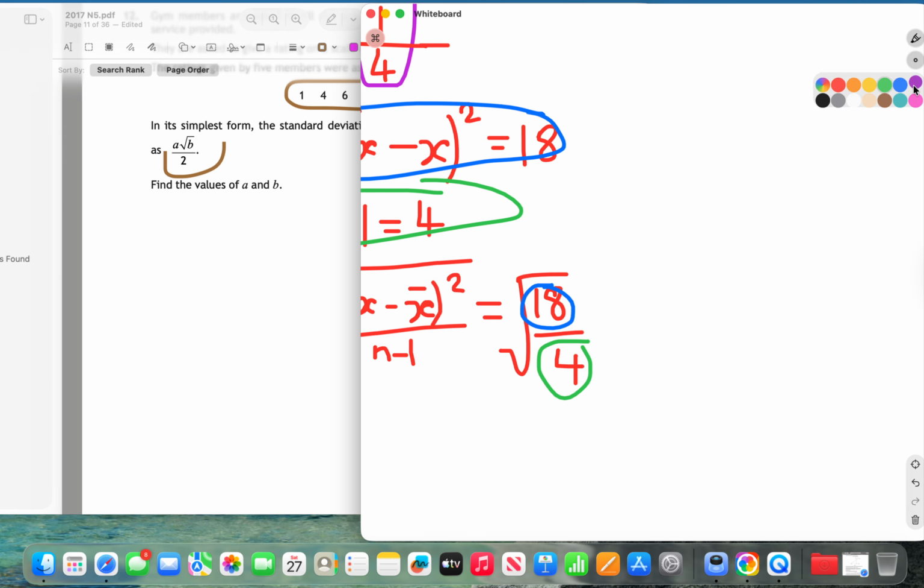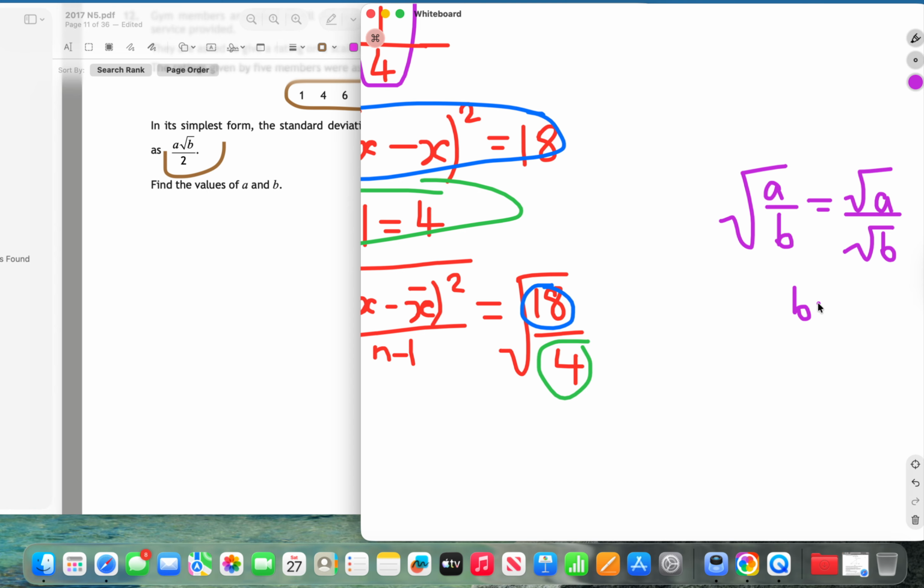So you first of all have to know this law of surds. The first one we're going to look at is this one, and the one exception is that b cannot be equal to 0.